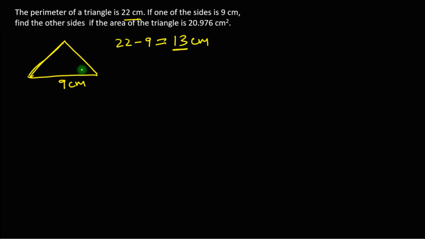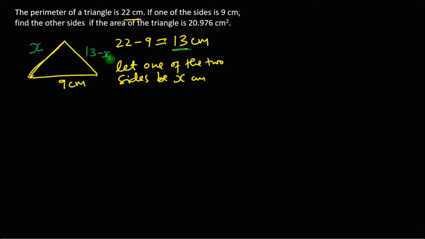So let one of the two sides be x centimeters. If this side is x centimeters, then the other side will be 13 minus x centimeters.